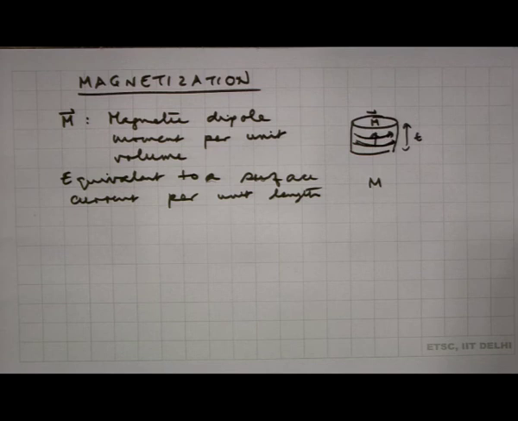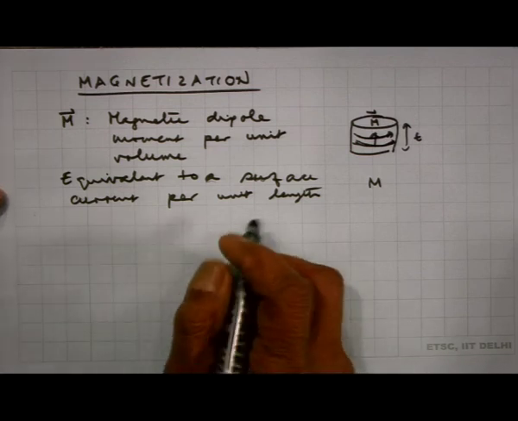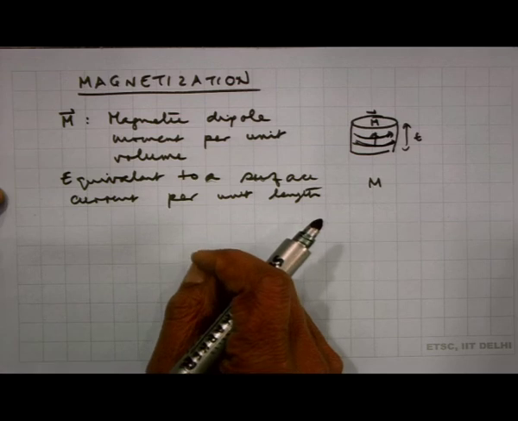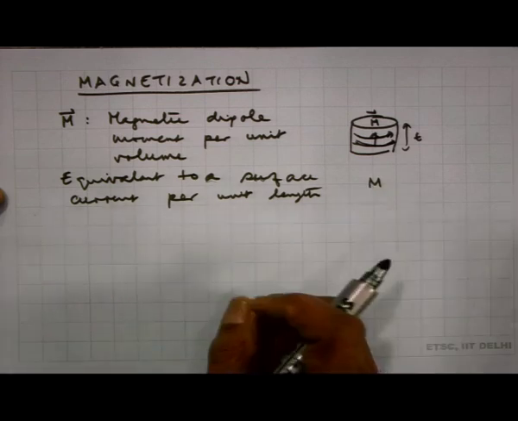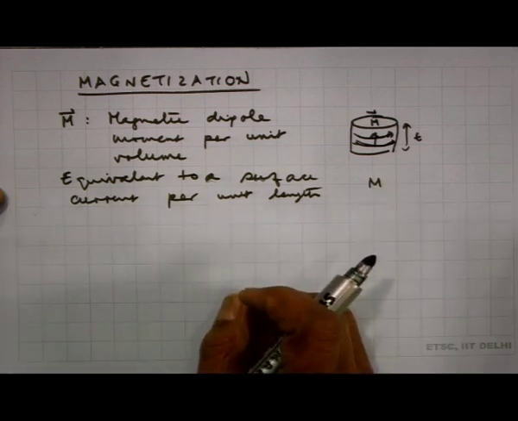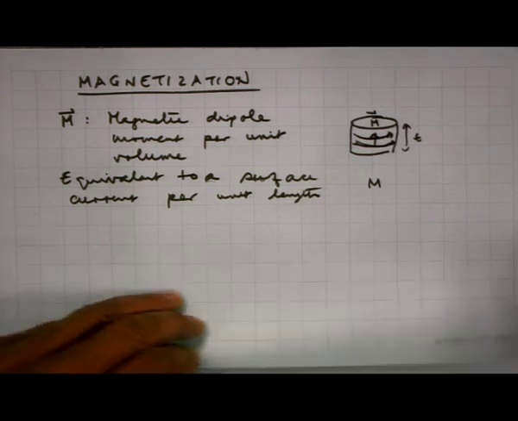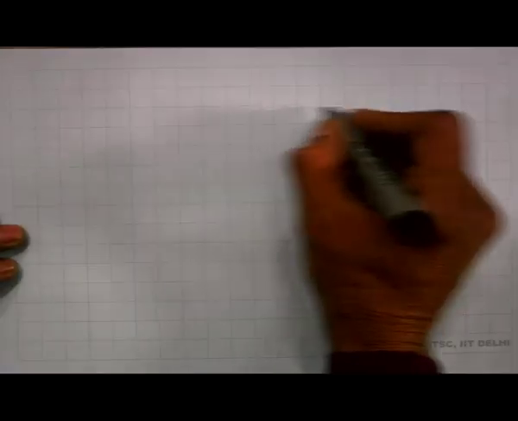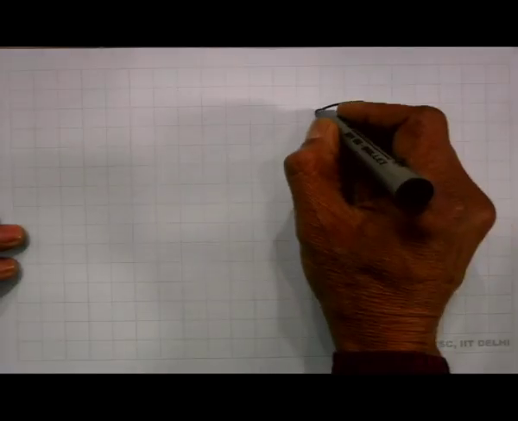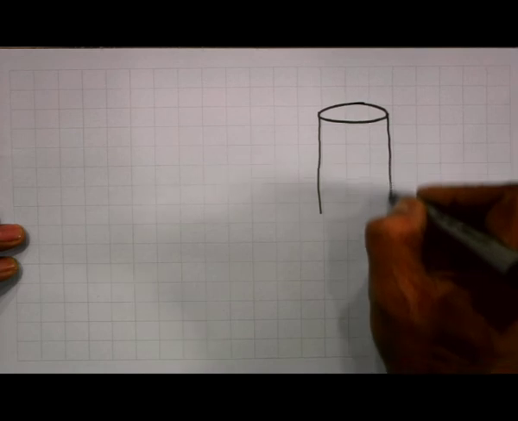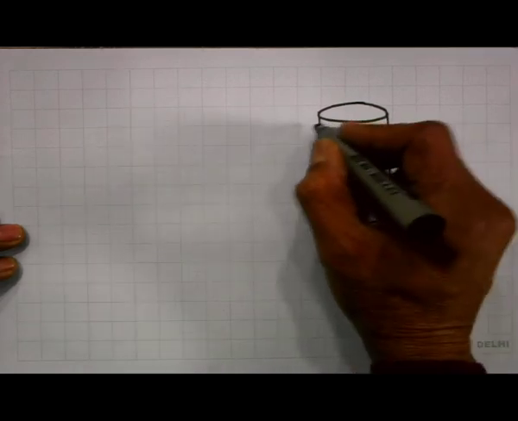So, we had looked at this and found this magnetization. Now, let me look at what is the effect of this kind of medium on Ampere's law? So, we started looking at a solenoid. Let me look again at a solenoid, which has a medium here, and I wind wires on this.